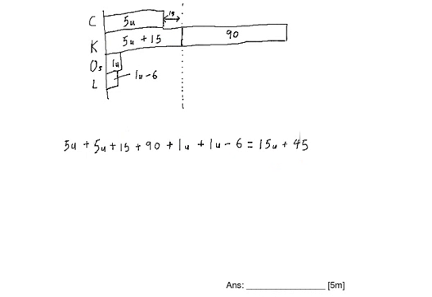You learn in algebra, 5u plus 5u equals 10u, plus 1 is 11u, 12u, yes or no? So I have 12u. Next, I look at all my numbers. 15 plus 90 is 105, right? 105 minus 6 is 99.